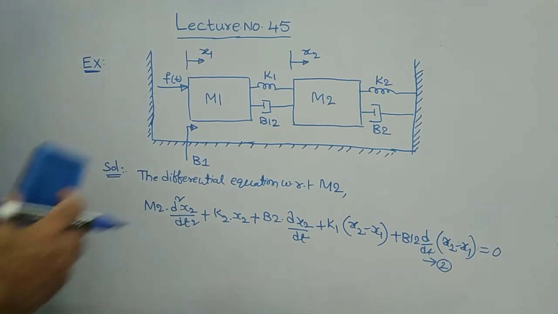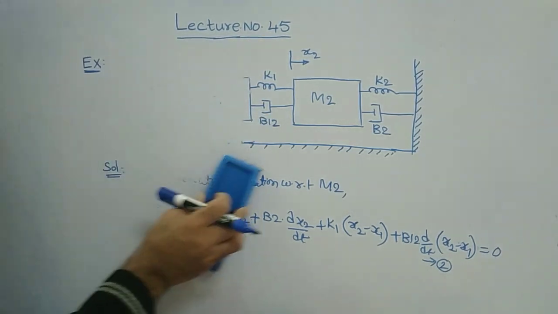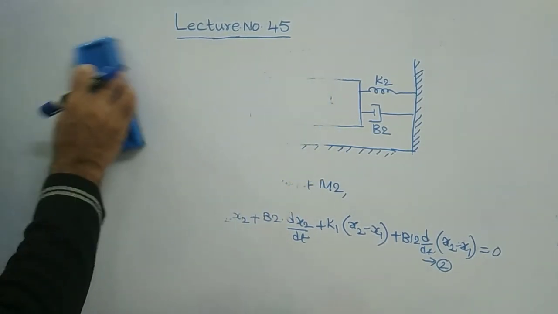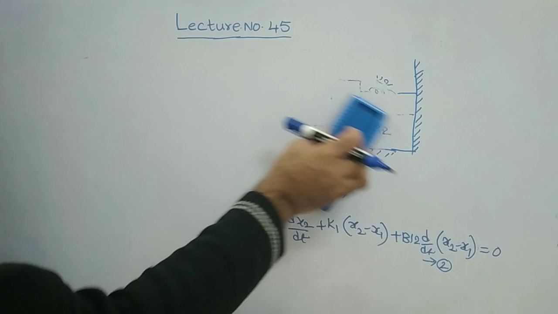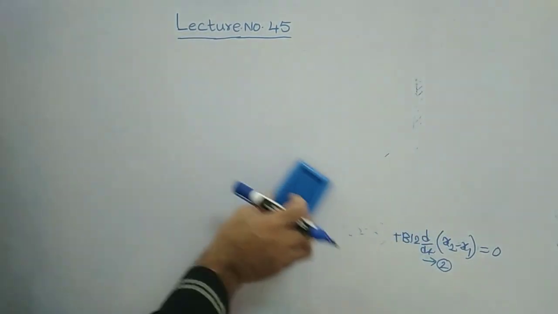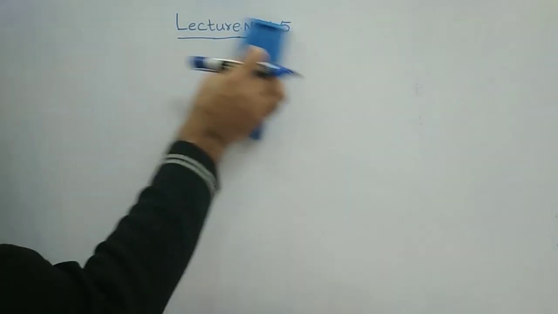In this problem, we are just trying to draw the electrical equivalent circuit of this given mechanical system. For this given mechanical system, we are trying to draw the equivalent circuit.